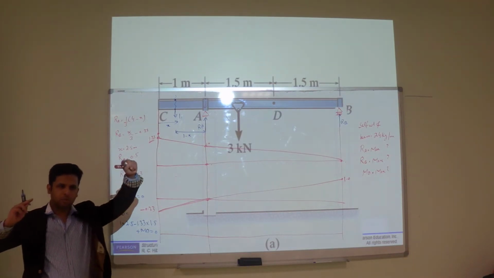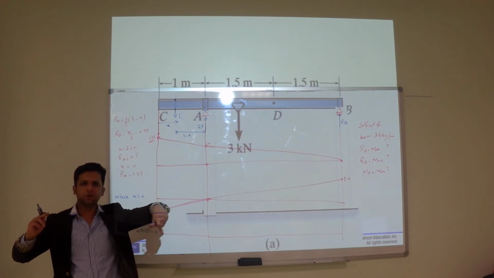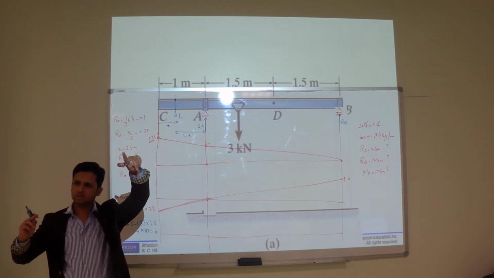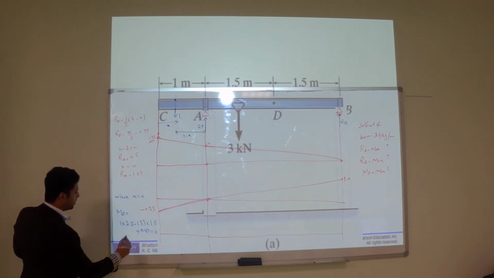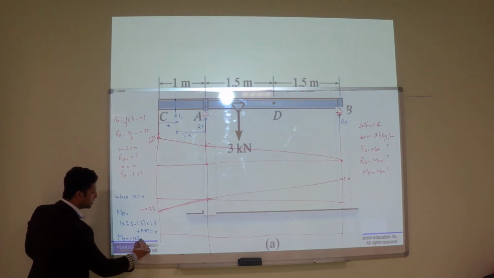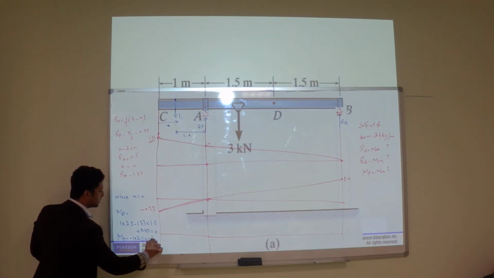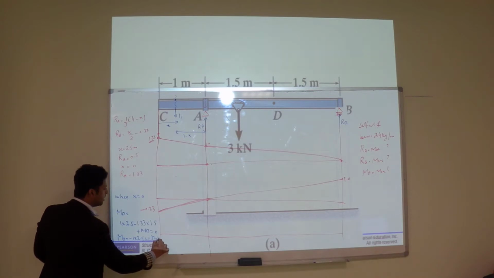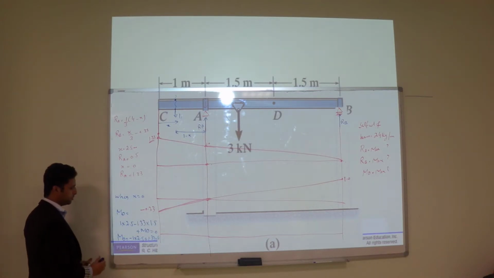See, the moment due to load is negative and moment due to reaction is positive. So if you take on the other side, the moment due to reaction is positive and moment due to load is negative. So it will be minus 0.5. Okay?